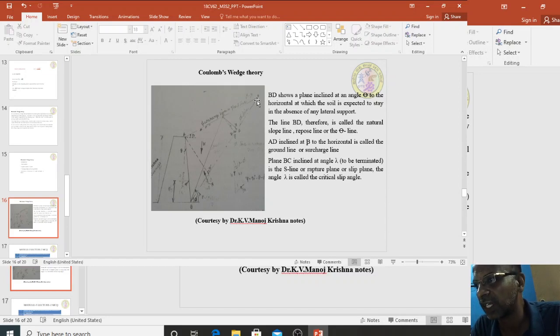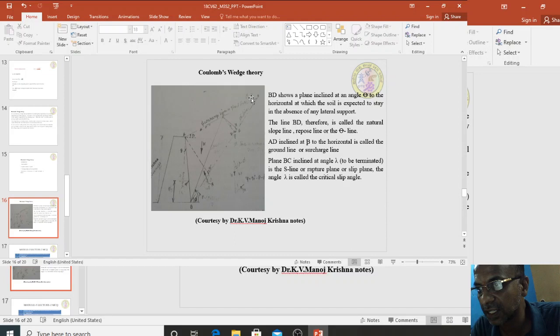BD shows a plane inclined at an angle of phi to the horizontal, at which the soil is expected to be in the absence of any lateral earth pressure. The line BD therefore is called the natural sloping line, the repose line or the phi line.